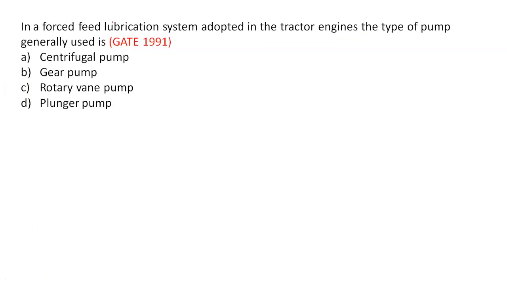Next. In forced feed lubrication system adapted in the tractor engines, the type of pump generally used. In lubrication system, there are two types. One is a splash feed lubrication system. Second one is forced feed lubrication system.